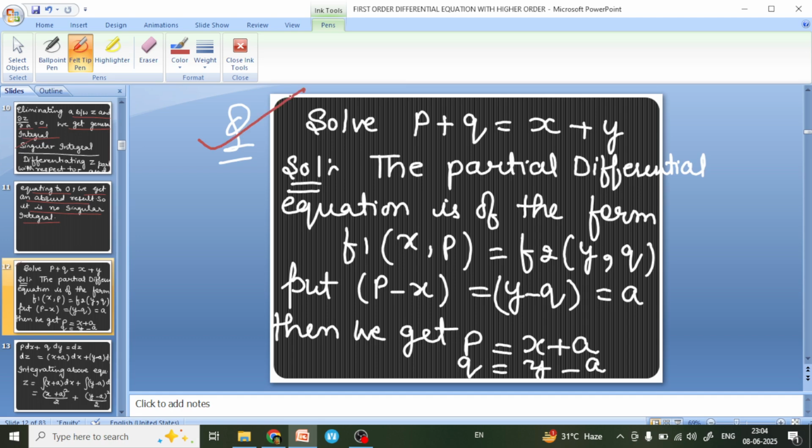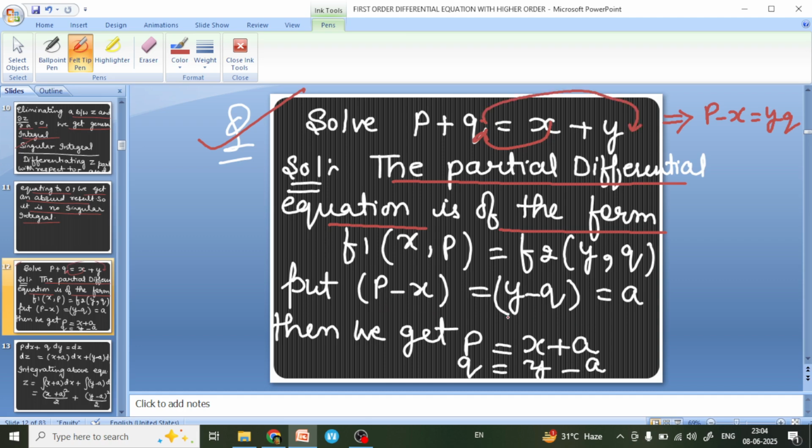Here I am taking one example. Solve p plus q equals x plus y, the given statement. First of all, write that the partial differential equation is of the form f1 of x comma p equals f2 of y comma q. After that, we write the equation like this: p minus x equals y minus q, with x written here and q written on this side by changing sign.